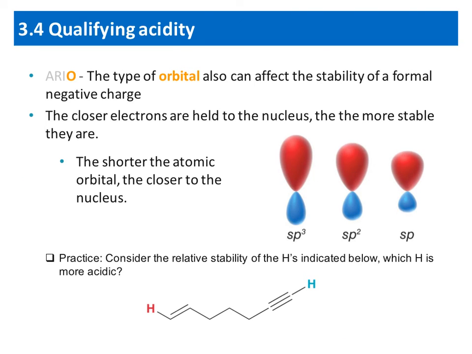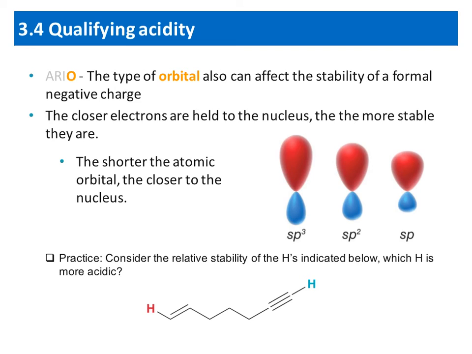The last factor is orbital. The orbital that is holding the pair of electrons in the conjugate base is very important in stabilizing the negative charge. Generally, when electrons are closer to the nucleus, they are more stable. Now, if you compare the shape of sp3, sp2, and sp orbitals, you notice that the sp3 orbital is longer because it has more p character. There are 3 p orbitals and 1 s orbital there.